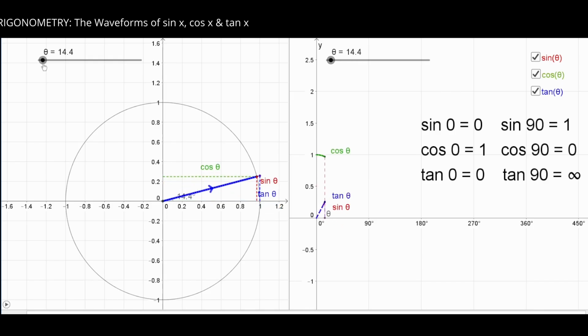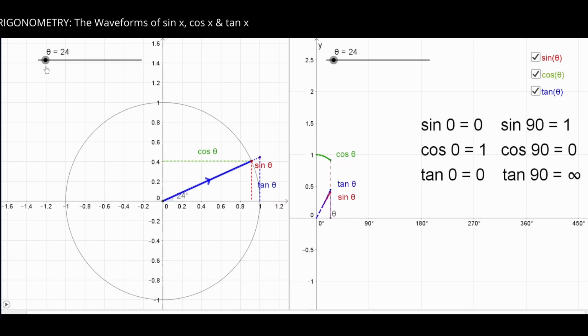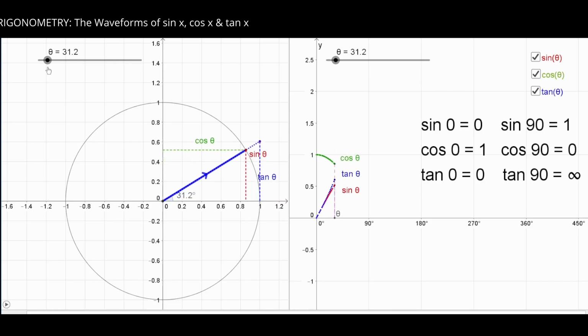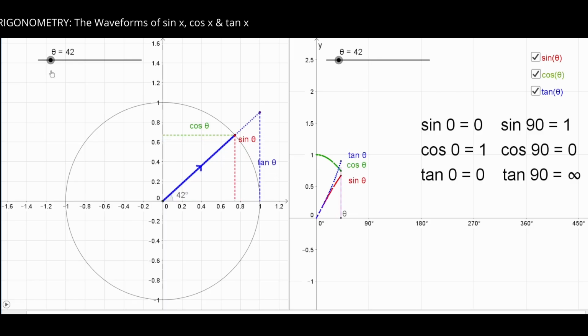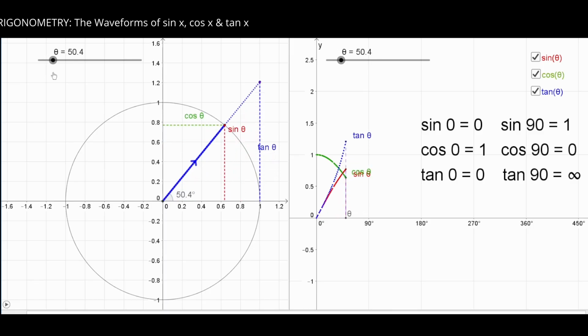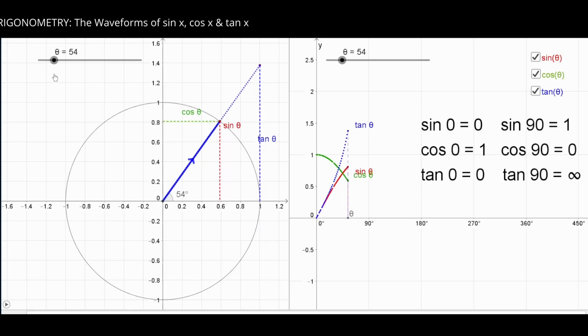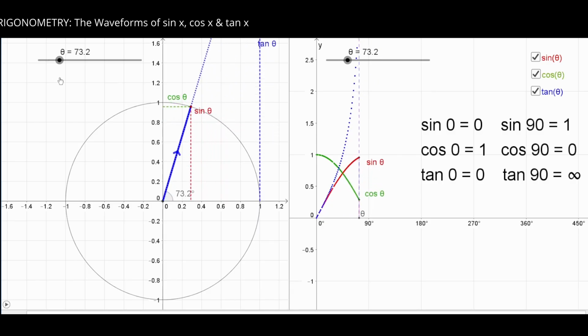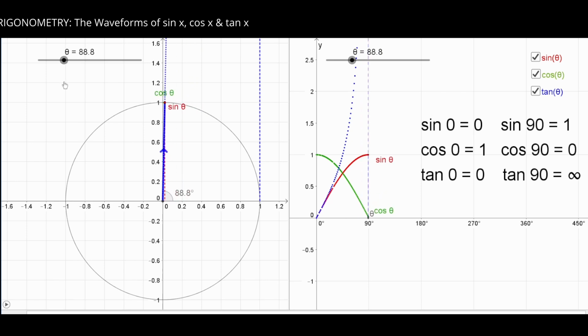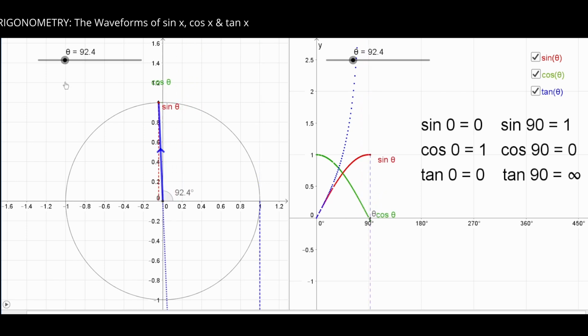Sine and tangent copying each other really, but now tan's away. There's the 45 degree meeting point. Tan's now gone through 1 and heading north quickly. Sine and cosine. Sine reaching 1 and cosine reaching 0.